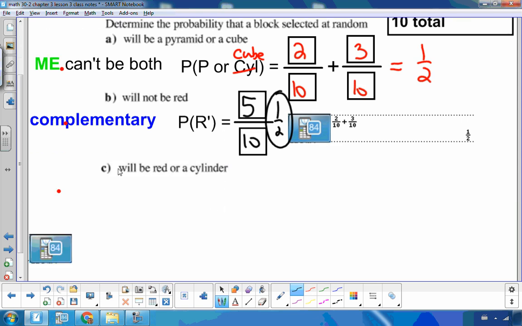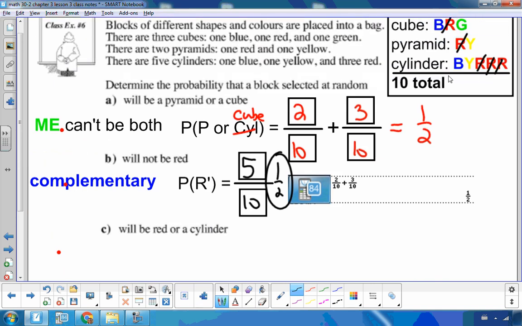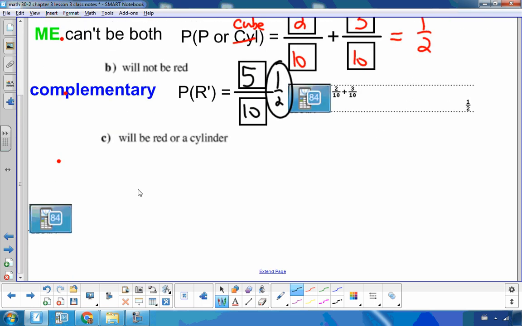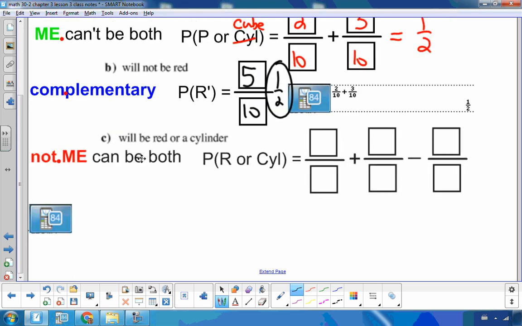Okay, next one says it'll not be red or a cylinder. So can you have something that is not red and a cylinder at the same time? Well, yeah, you can, look here. There are two shapes that are not red but are also cylinders. So these are not mutually exclusive. So the probability of it not being red is 5 out of 10.